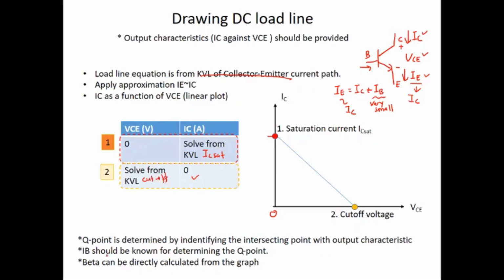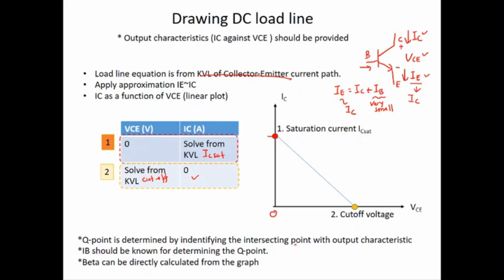Once you have plotted the load line, you should plot it on the same graph with the output characteristic. Then you can identify the intersecting point between the load line and the output characteristic of the BJT, and the Q point is the intersecting point.